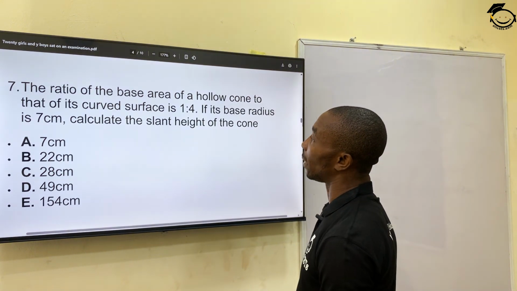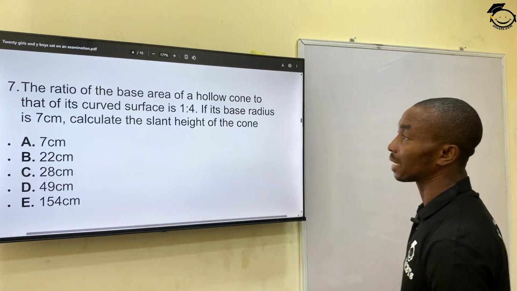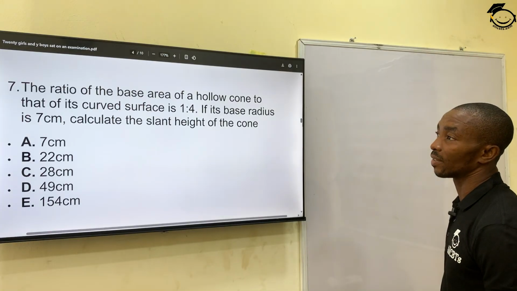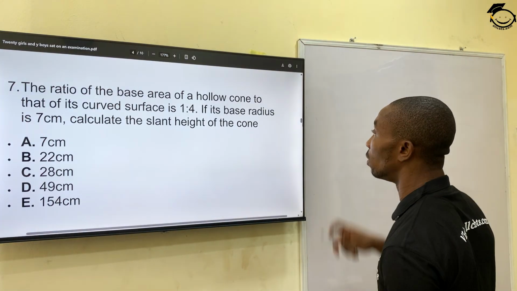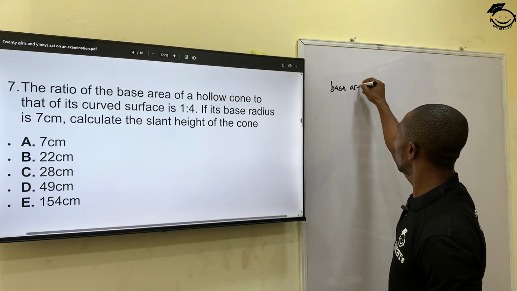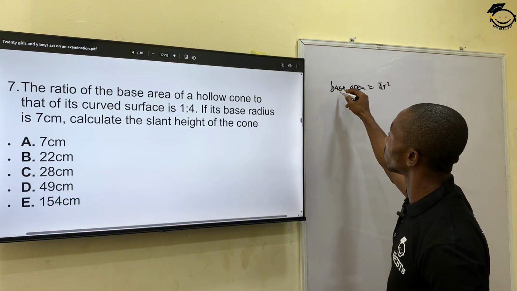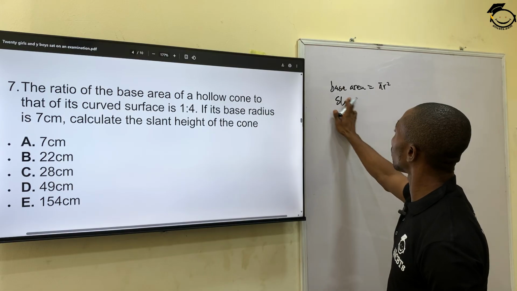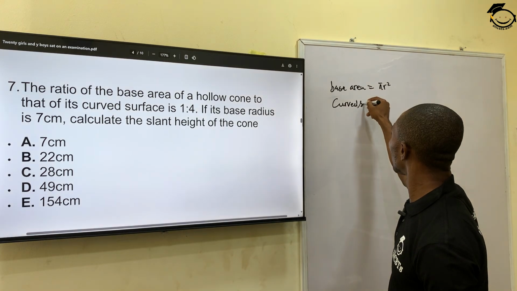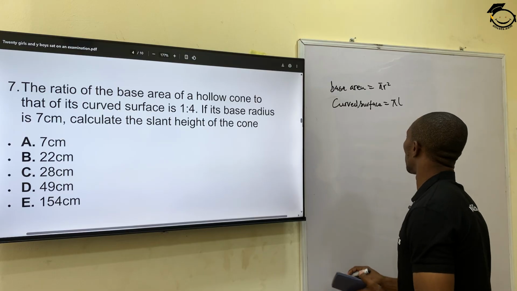The ratio of the base area of a hollow cone to that of its curved surface area is 1:4. If its base radius is 7 centimeters, calculate the slant height of the cone. For base area, we have pi r squared. For curved surface area, we have pi r l.